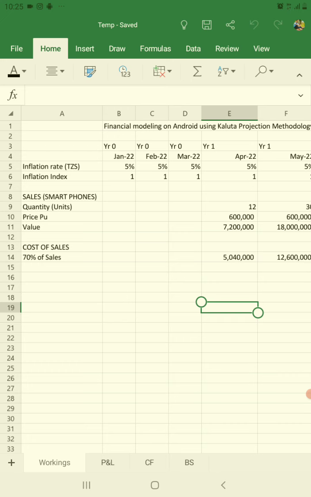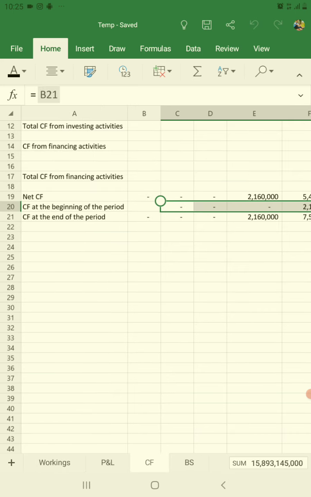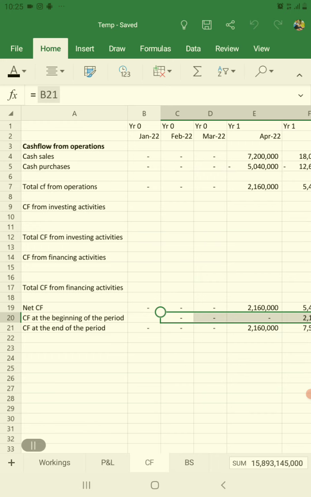With sales, when you make a sale, and in this case we have assumed it is a cash sale, you debit cash and you credit sales. So in the cash flow sheet here, the sales have been debited as cash sales.